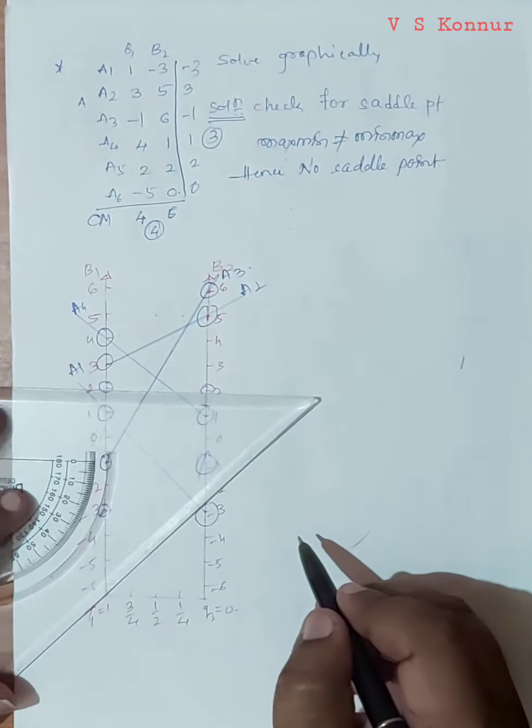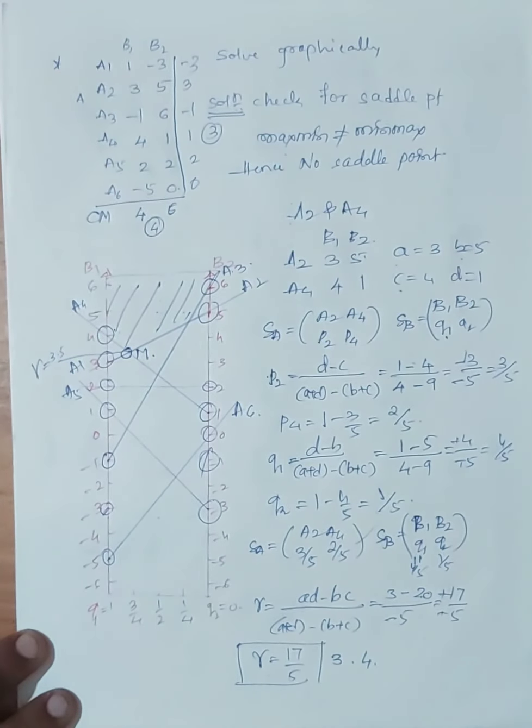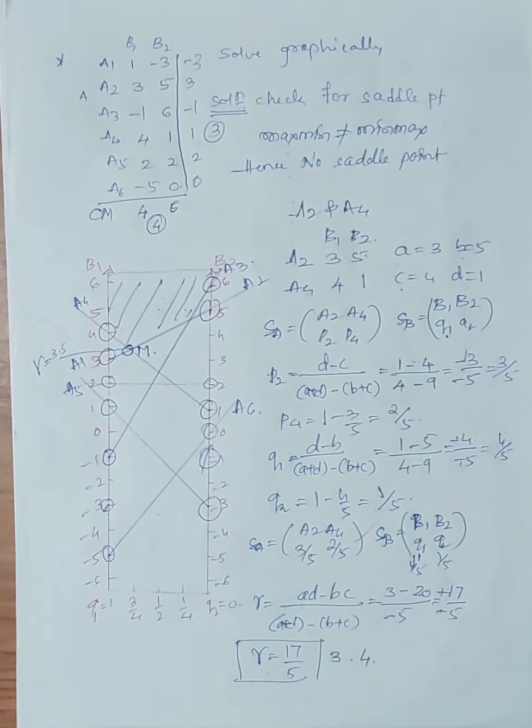So 17 divided by 5. Minus minus cancels each other. So the value of the game is 17 by 5. So this is around 3.4. We had written 3.5 here. So this is how to solve the graphical method of m into 2.